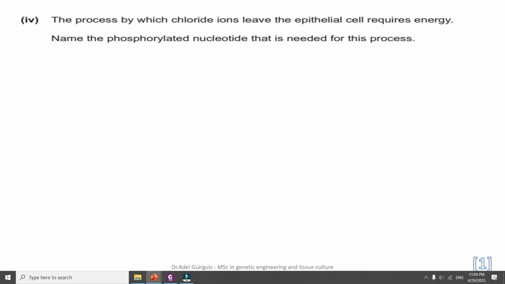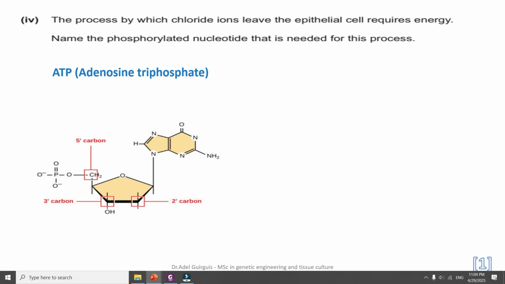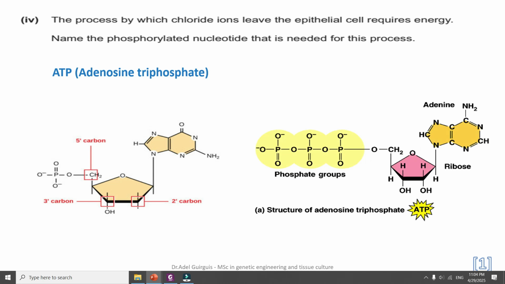This is called ATP, adenosine triphosphate. Here only the nucleotide, but not phosphorylated. What about this one? Extra two phosphate groups, so it is called adenosine triphosphate.